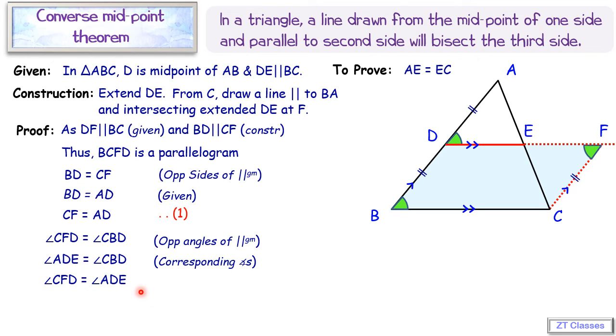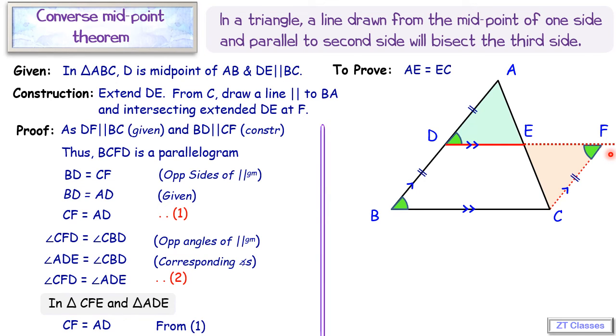Okay, this observation, let's name it as 2. Now in triangle CFE and triangle ADE, that is these two triangles we are talking about, here CF is equal to AD, we have just proved this, and angle CFD is equal to ADE. Also angle AED and CEF are vertically opposite angles.